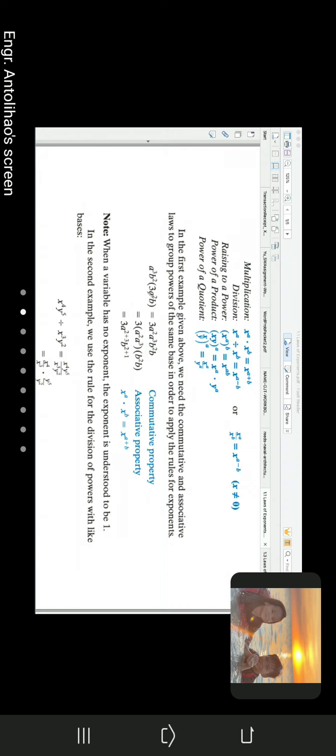This is equal to a cubed b squared times 3a squared b. Since this is multiplication, we can rewrite it this way: 3, then a squared, then a cubed, then b squared, then b.